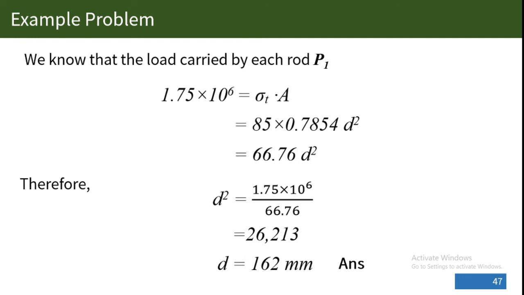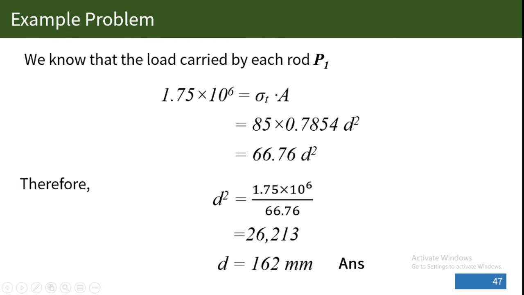Therefore, d squared is equal to 1.75 times 10 to the power of 6 over 66.76. Upon evaluating this, we get 26,213. Finding the square root of 26,213 is equal to 162 millimeters. Therefore, the final answer for the diameter of the rod is equal to 162 millimeters.